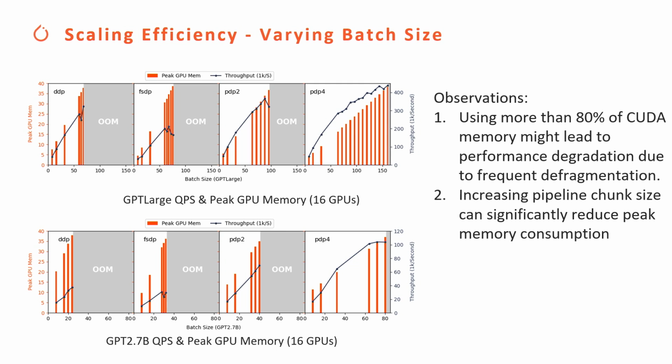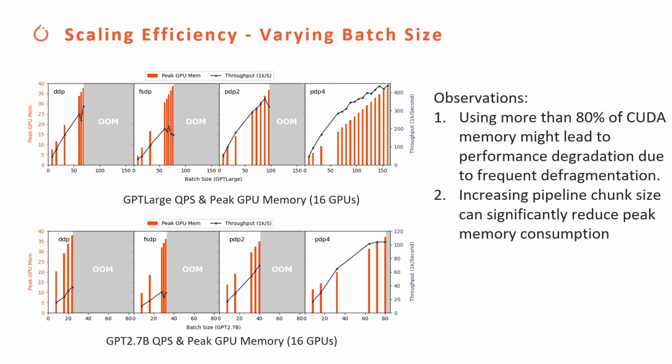And when the defragmentation algorithm kicks in, it will free all the CUDA cached blocks and try to allocate new larger ones, which will cause slow CUDA malloc, and that will kill the performance. So we know that large batch size is better for throughput, but we need to keep the GPU memory usage below 80%.